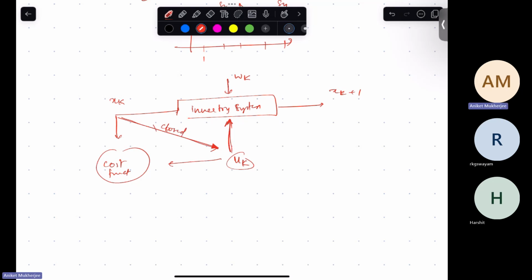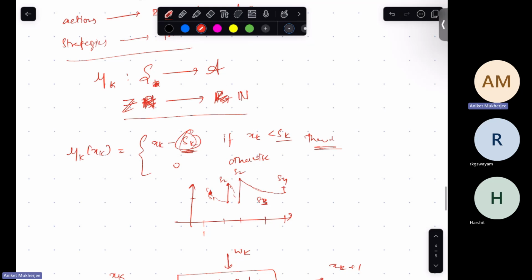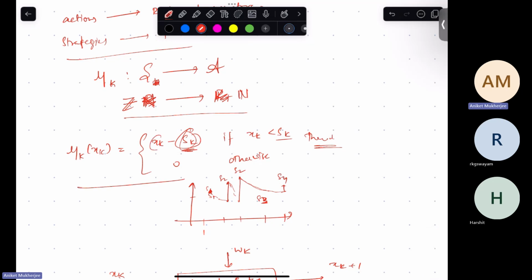If you don't have this connection, and without knowing what xk is you directly give uk to the inventory system, then that is an open loop system. Here, in the policy that I have written down, since uk is a function of xk, at each time instance you know what xk is, and then you get what uk is. So it's a closed loop.